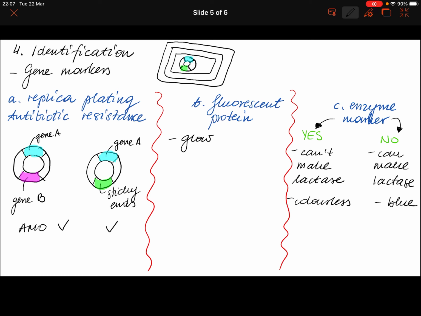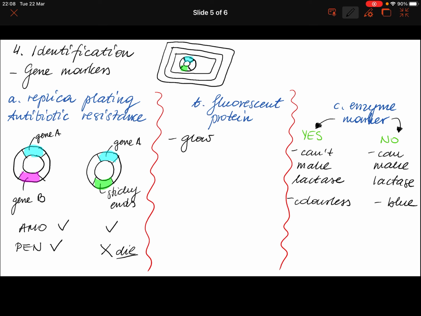And let's imagine that gene B gives the resistance to penicillin. So my original plasmid will allow this bacteria to survive with the penicillin. However, my recombinant plasmid now will not, because it doesn't carry that gene anymore, it carries my sticky ends. So technically, all the bacteria now will die. And that's how easily I can recognize if the plasmid has been taken up by the host cell.